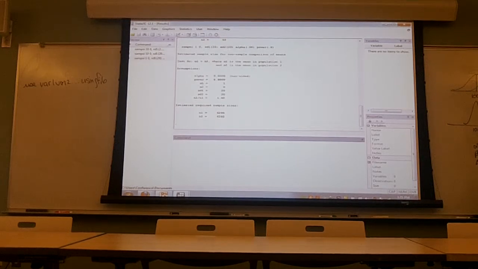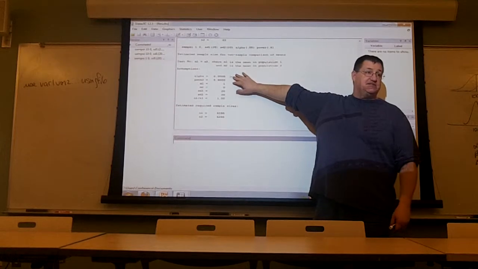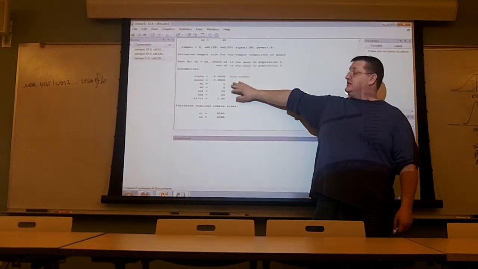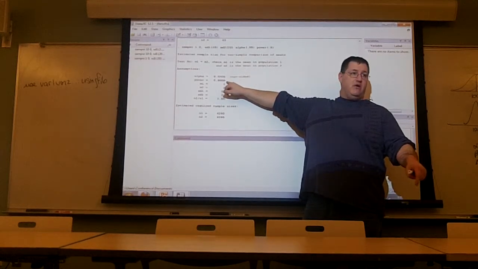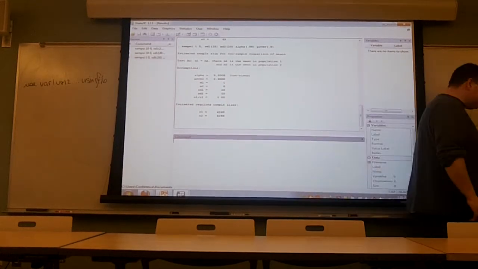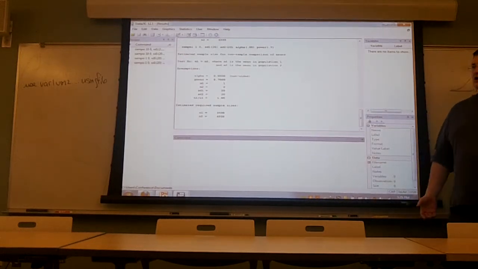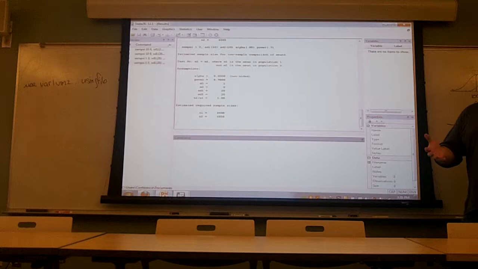The other thing that you can do is we kept power and alpha constant, right? Let's say we were willing to decrease power. We're willing to take a greater chance of not observing the difference, right? So if I change power, say, from 80 to 70%, I'm going to save 2,000 people in my study. So you get to see what happens under different sets of assumptions.